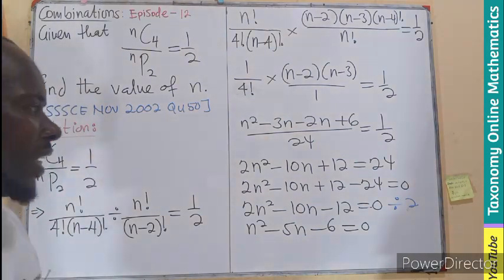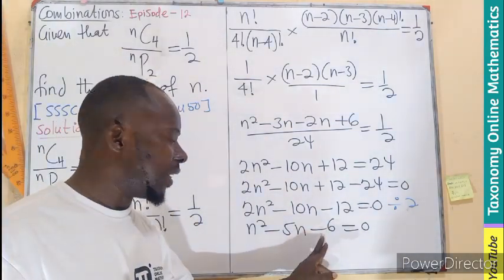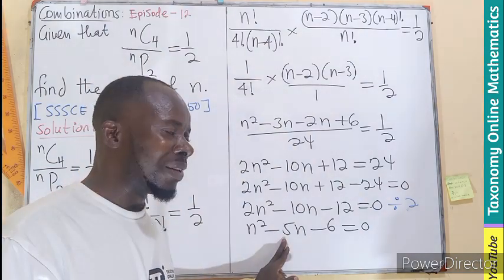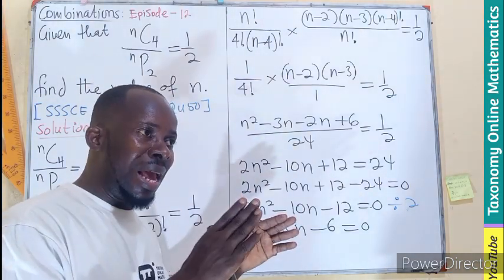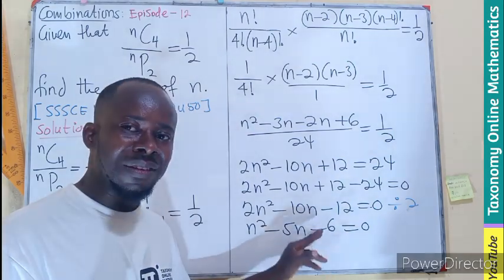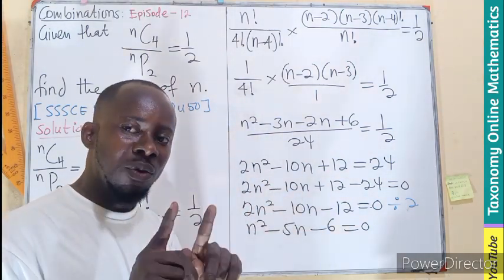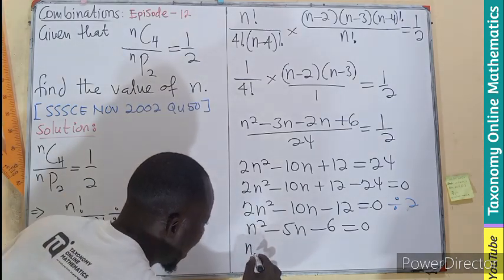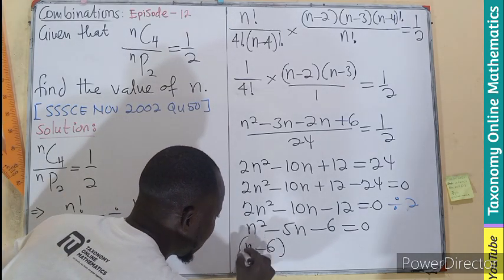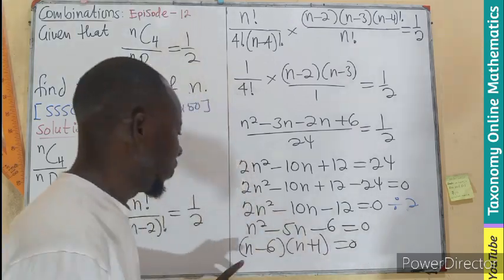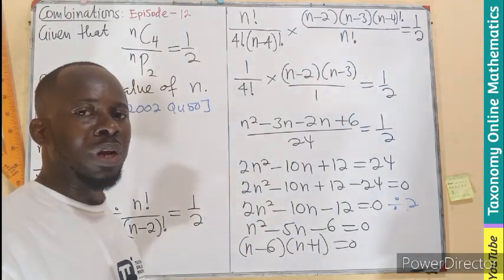So here you only need factors of -6 which, when you add, you get a minus 5. -6 and 1. -6 times 1 will give you -6. -6 plus 1 will give you what? A value of -5. So I just have n minus 6, n plus what? 1. When I expand this, I'll come back to the top.